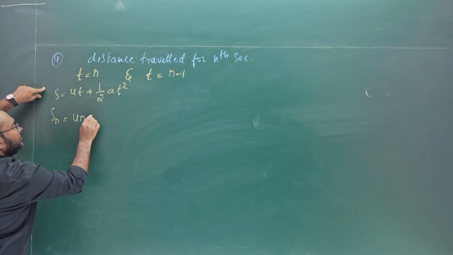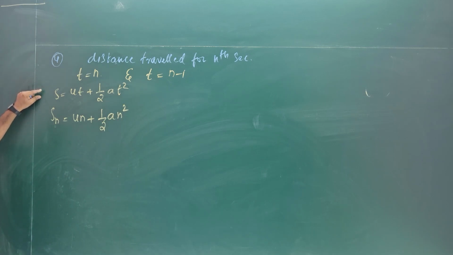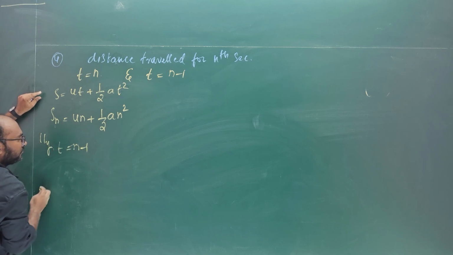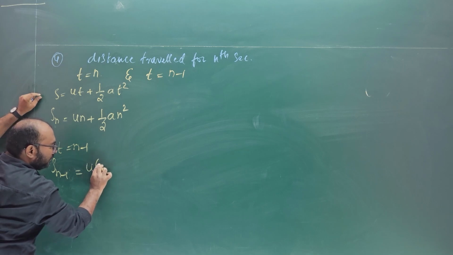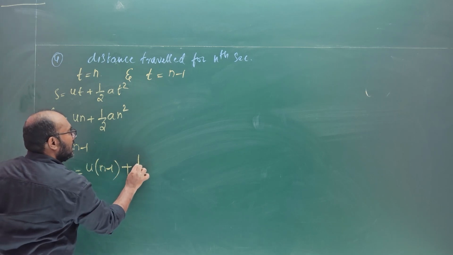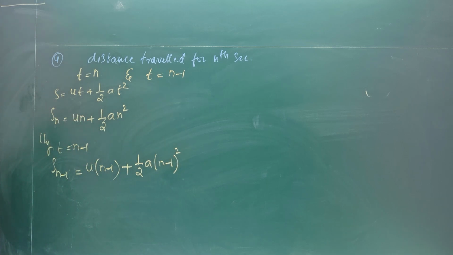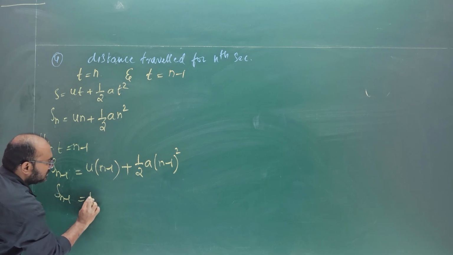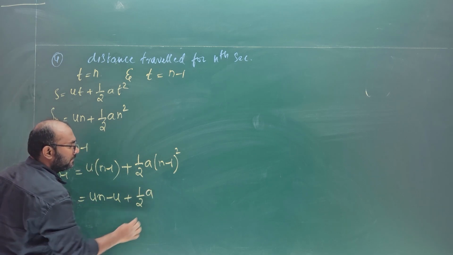So un plus half an square. Similarly, for t is equal to n minus 1, S_(n minus 1) is equal to u(n minus 1) plus half a (n minus 1) whole square.